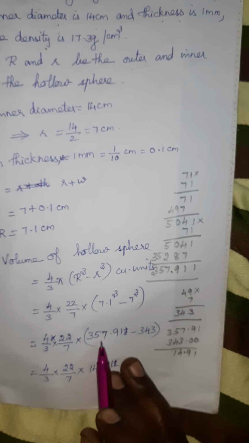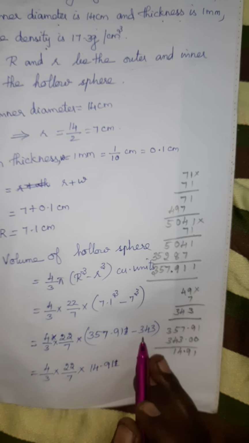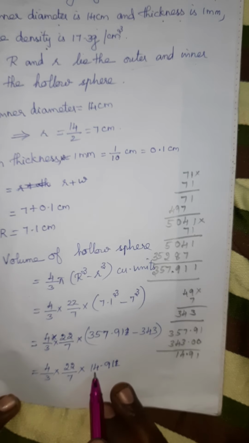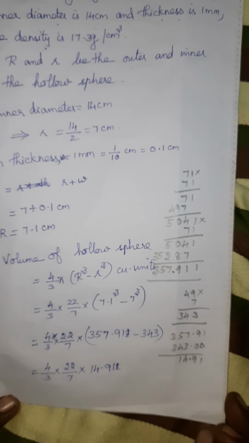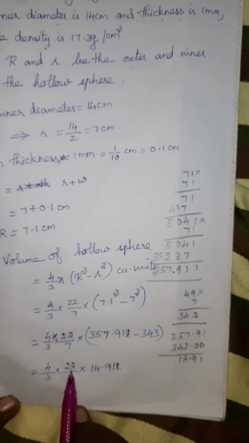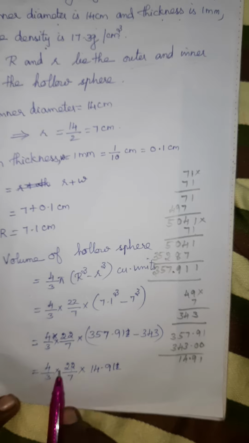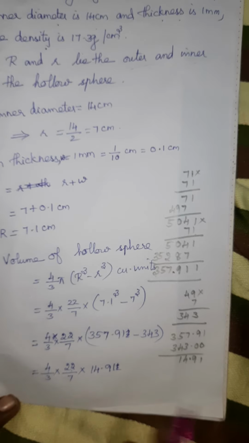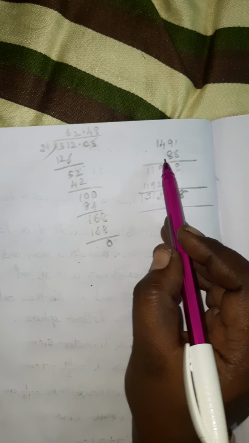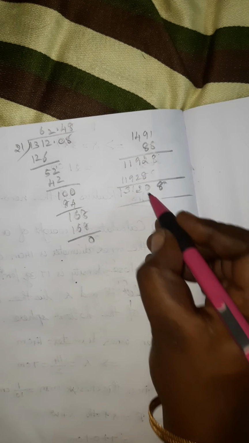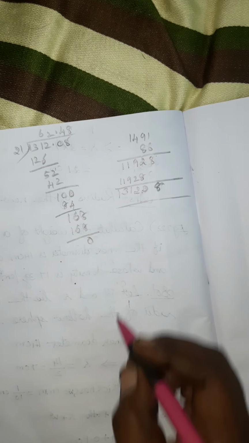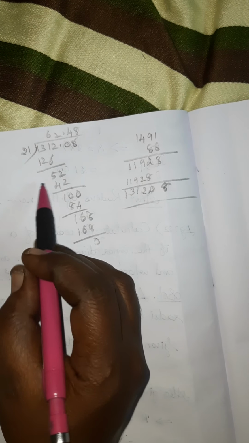So 357.91 minus 343 gives the subtraction 14.91. Now we do the multiplication: 4 into 22 by 3 gives 88, so 88 into 14.91 divided by 21. 14.91 multiplied here gives 2 digits in the decimal part, so it is 1312.08 divided by 21.